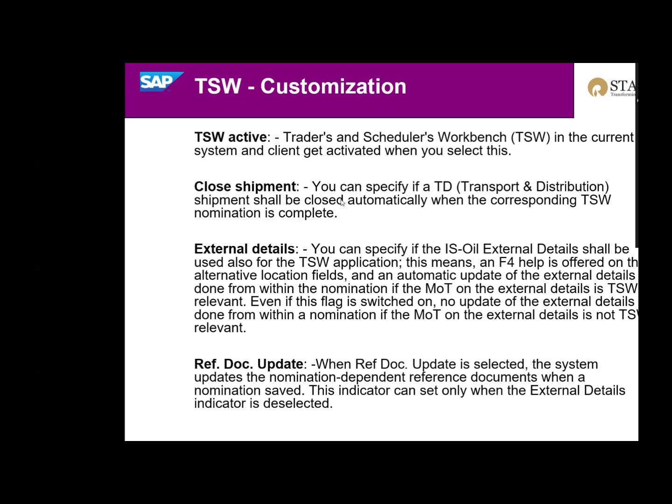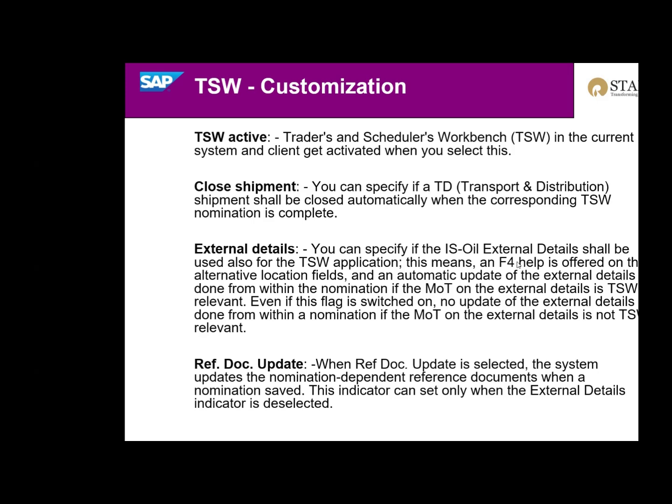Close shipment means you can specify a TD shipment. There is a module ISL TD function. That shipment will be closed automatically when the corresponding TSW nomination is complete. So when the nomination is actualized and documents are complete, the shipment also will be marked as closed by the system only. We need not do anything.